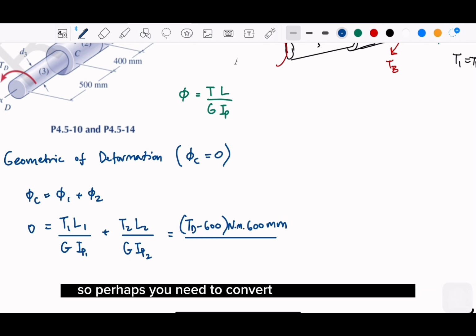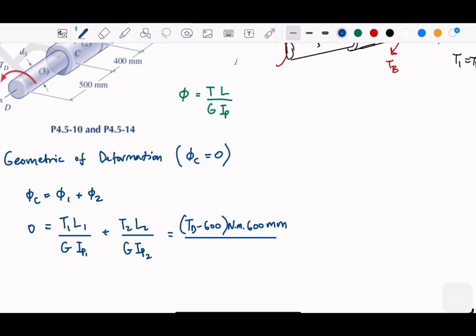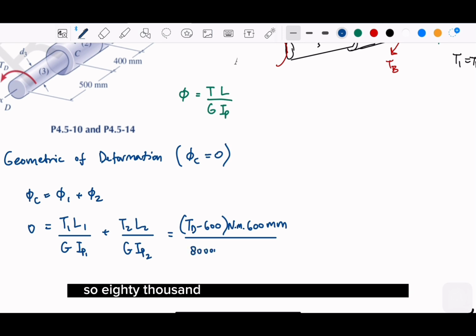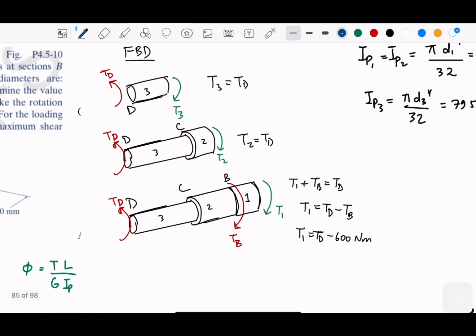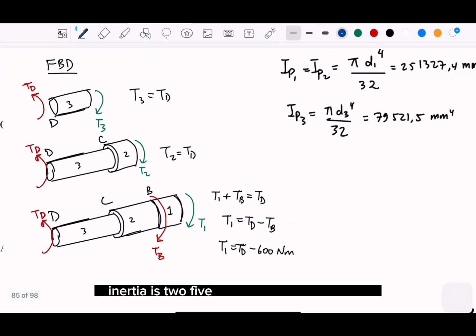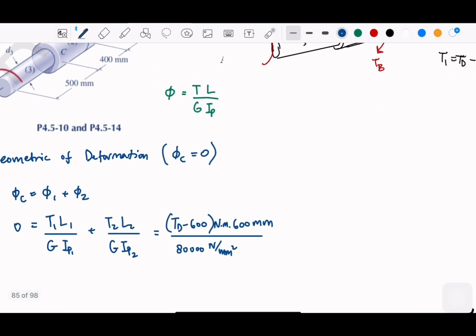So perhaps you need to convert to meter if you want. And then G is 80, so 80,000 Newton per millimeter squared. And then inertia is 251,327.